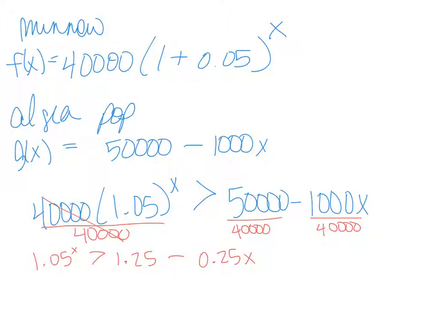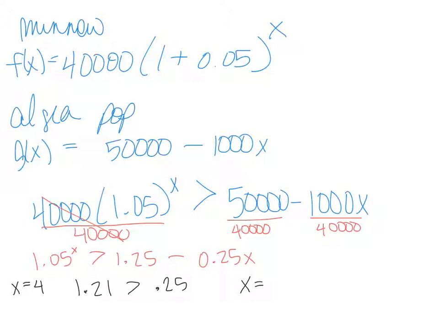Now I'm just going to start plugging in some x's, and I see we did 3 years on the last page, or the last slide, so let's try 4 years. So if x equals 4, 1.05 to the 4th power gives me 1.21, and then 0.25 times 4 is 1. 1.21 is greater than 1, so it looks like that's the year.